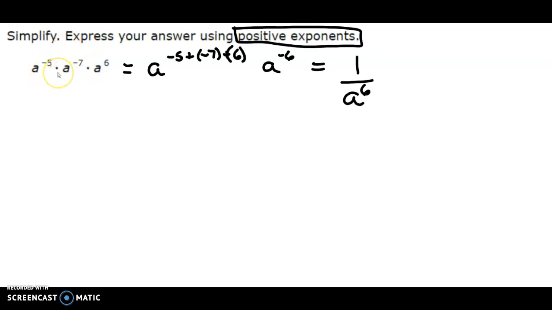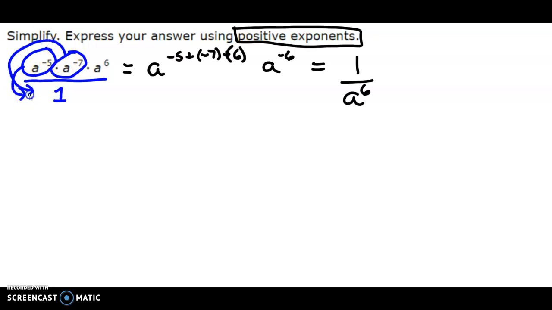Now, I prefer to approach this problem a little bit differently. I prefer to immediately set up this problem, first of all, as a fraction, and then to identify any numbers that have a negative exponent, and I'm going to physically move them to the other side of the fraction bar.